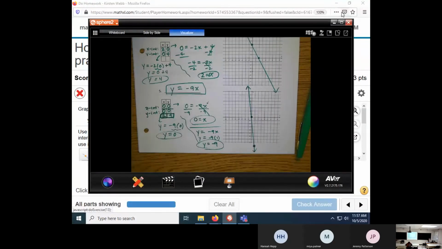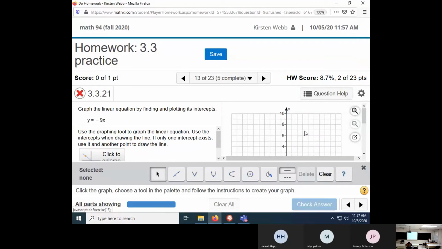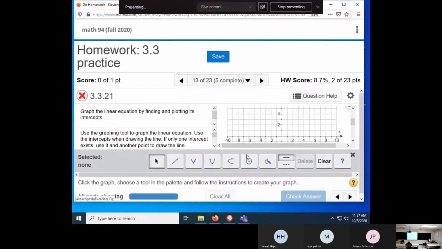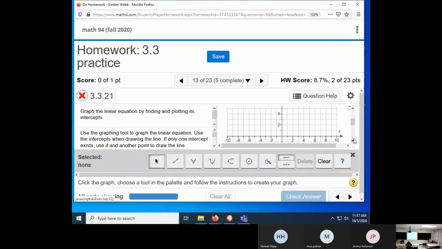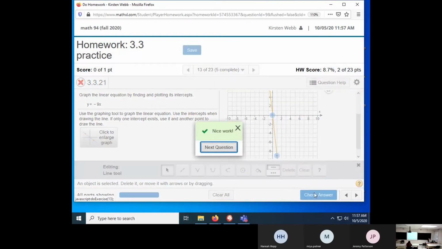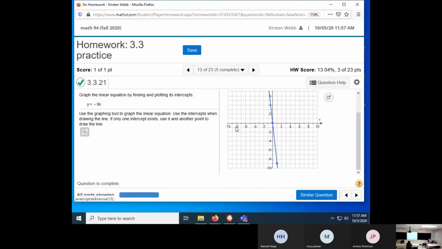So if you don't have enough, just plug in some other number. So I want my line this time to go through the origin. I'll click there for sure. And then whatever other point you found, like 1, negative 9 was mine, helps you know which direction, which angle the line takes.